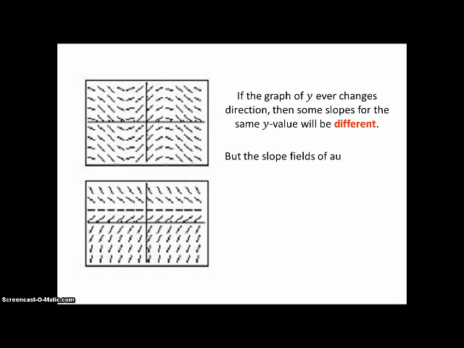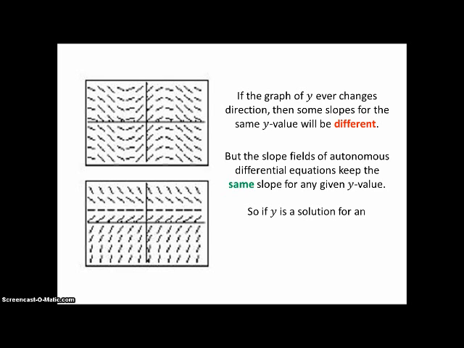But the slope fields of autonomous differential equations keep the same slopes for any given y value. And so as you move across, the graph cannot change directions. It's always going to be going down or up. If it goes down for a while and then up for a while, then you're not going to have the same slope as you move horizontally.